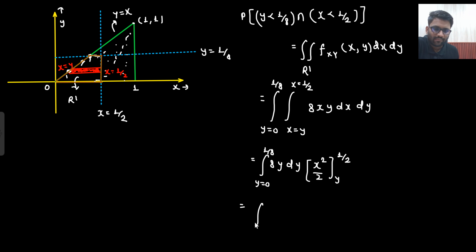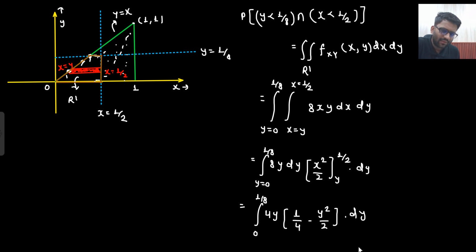So what will this become? 8y, I took it as constant, times x square by 2, with the limit going from y to 1 by 2.